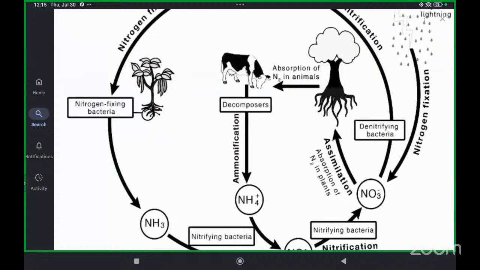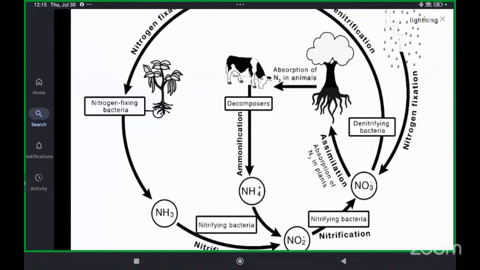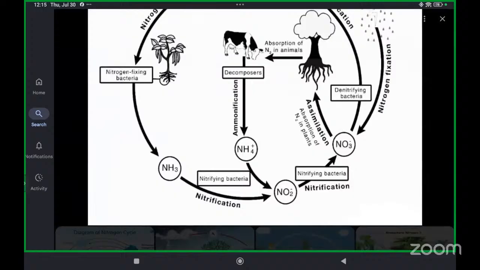Then when the cow dies, it decomposes. The nitrifying bacteria decompose it and convert it into NH4, and then that gets converted through the bacteria to nitrogen gas. So this is the process of converting nitrogen compounds into nitrogen gas.